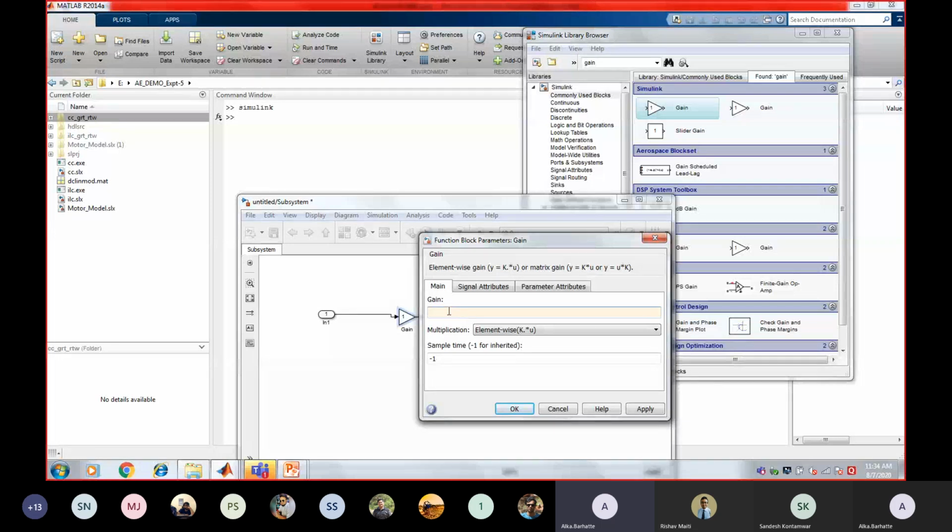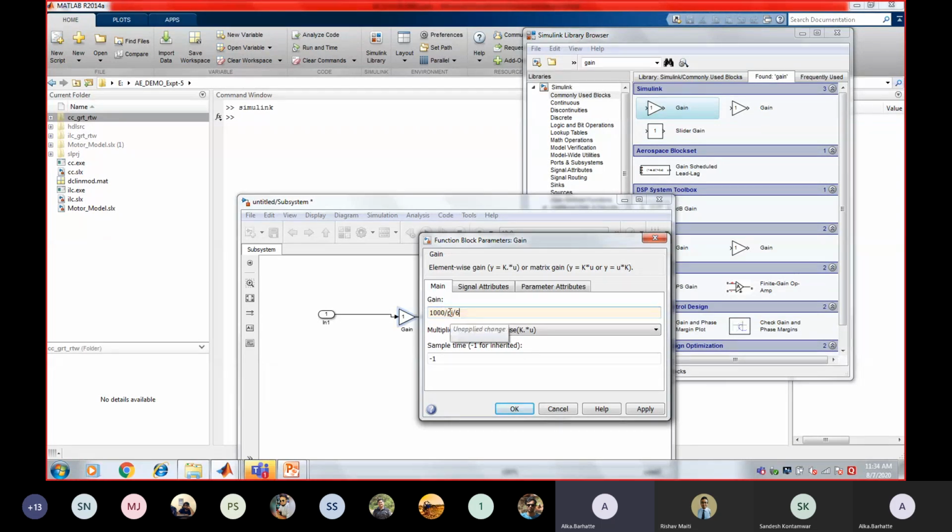With that, 1000 is the gain that we are considering, and pi by 6. So this factor is representing the gain block, or the force that is responsible to get our output velocity, that is speed.